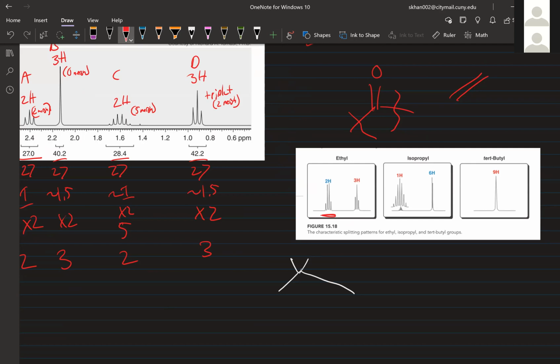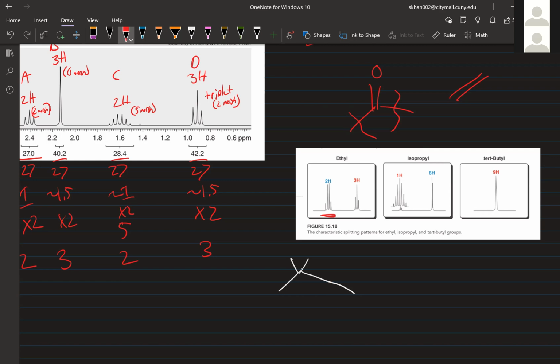What does that mean that's next to that 2H group? Would it be a CH2 group, a CH3 group, a CH group? If this has 5 neighbors, 3 neighbors are coming from a methyl, that means there's 2 other neighbors left.